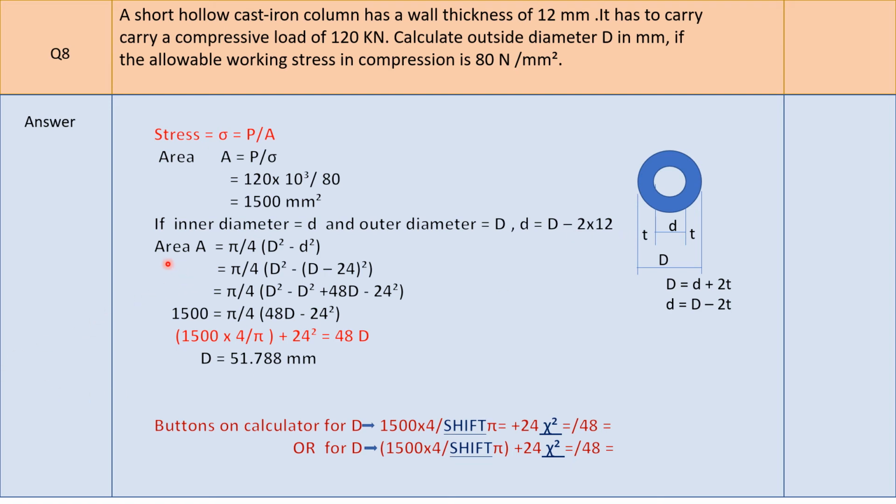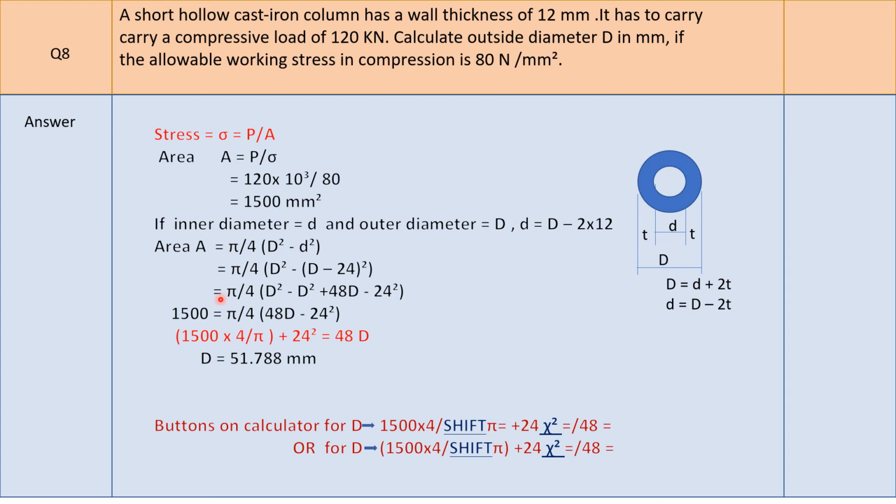Now the formula for area: A is equal to pi divided by 4 bracket open capital D square minus small d square bracket close, which is equal to pi divided by 4 bracket open capital D square minus, now here I substitute small d as capital D minus 24, so (D minus 24) in brackets, squared, and then complete the outer bracket.